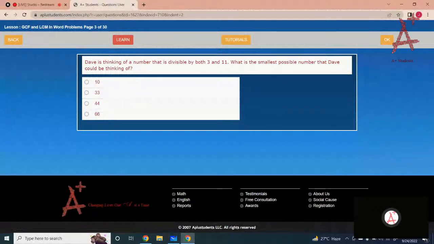So what do you have to find? Yes, it is LCM because you need to find the smallest number. So just find the LCM of 3 and 11. Got it?